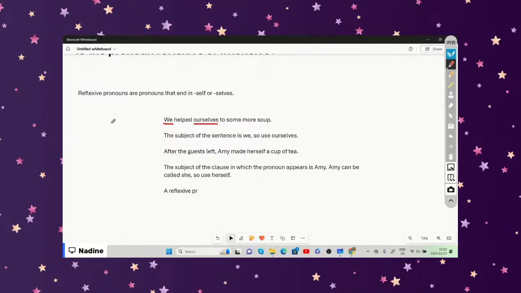After the guests left, Amy made herself a cup of tea. In this case, Amy is a noun, and she is the subject.